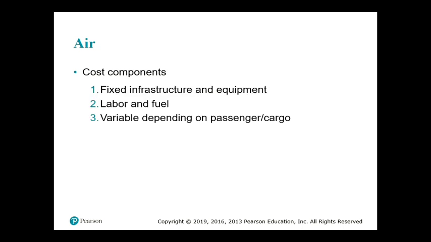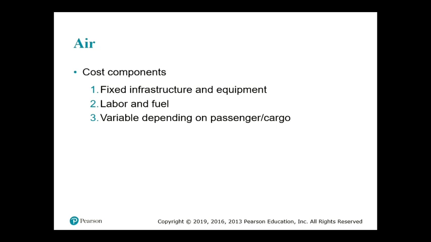In terms of the air mode, air is obviously a very costly transportation mode. Its cost components include, one, the fixed component, which is the cost, for example, to acquire an airplane.